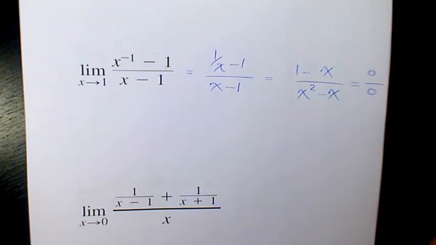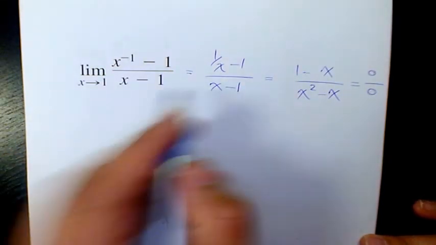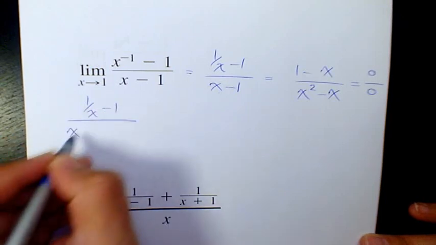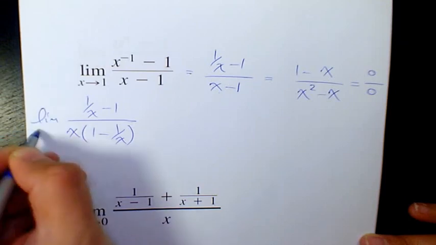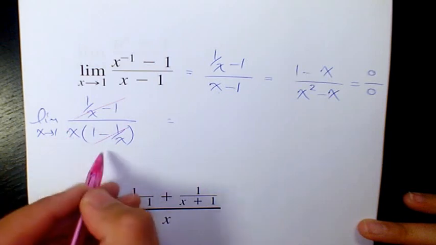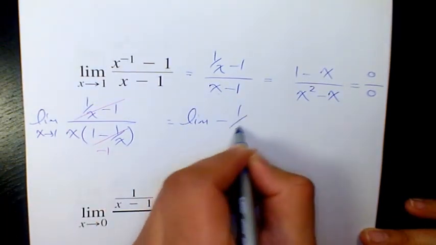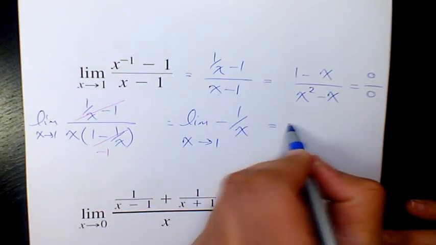So what else can we do? I can factor x from the denominator. So 1 over x minus 1 divided by x times 1 minus 1 over x, limit when x approaches 1. These two cancel out and we end up having negative 1. So we have limit of negative 1 over x when x approaches 1. That's going to be negative 1.